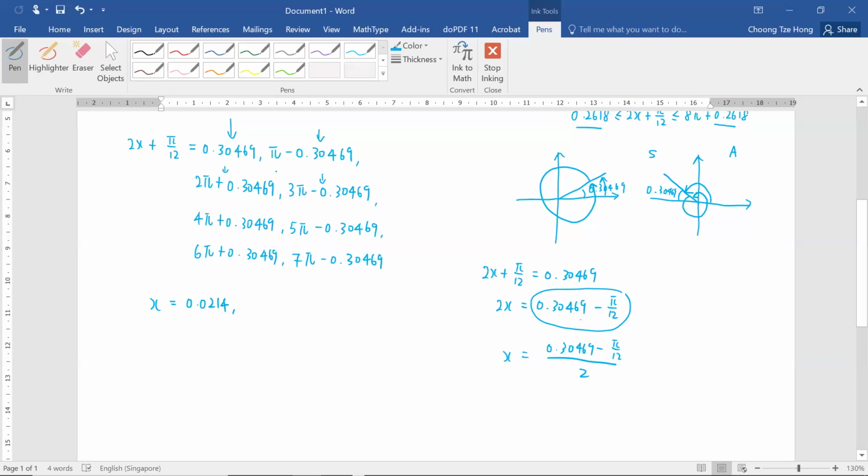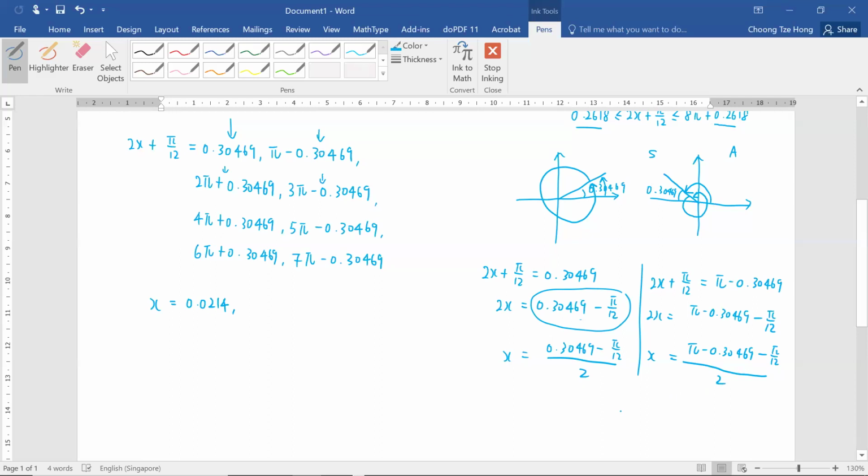The second answer will be the same method. Just bring the pi over 12 over, minus pi over 12, and then divide the whole thing by 2. You have to be very careful with the calculation over here.